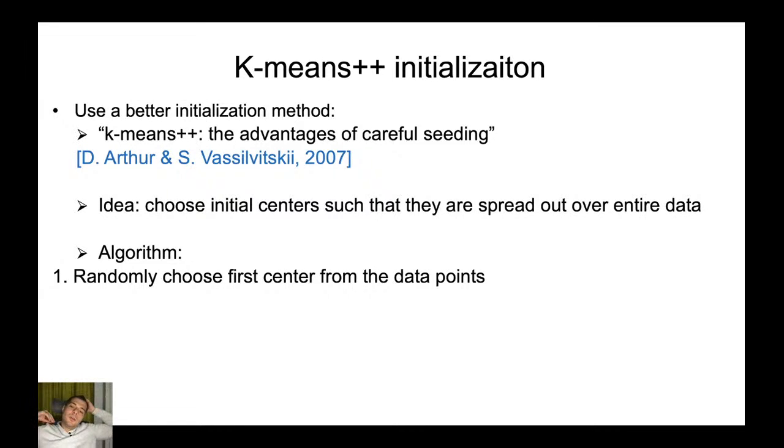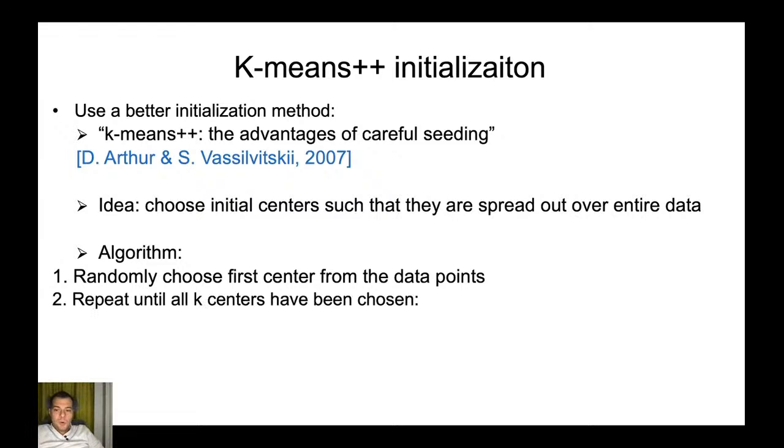First, you randomly choose the first center from the data points. So there is still a random initialization here, and this is why the solution is not ideal. When you rerun the algorithm, you may end up with a different initialization and a different solution in the end. But at least we know that k-means++ should be more stable.